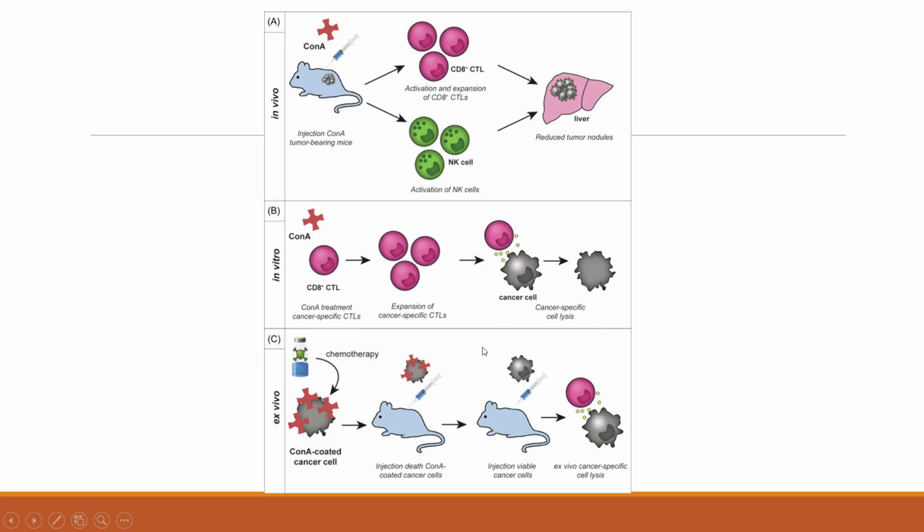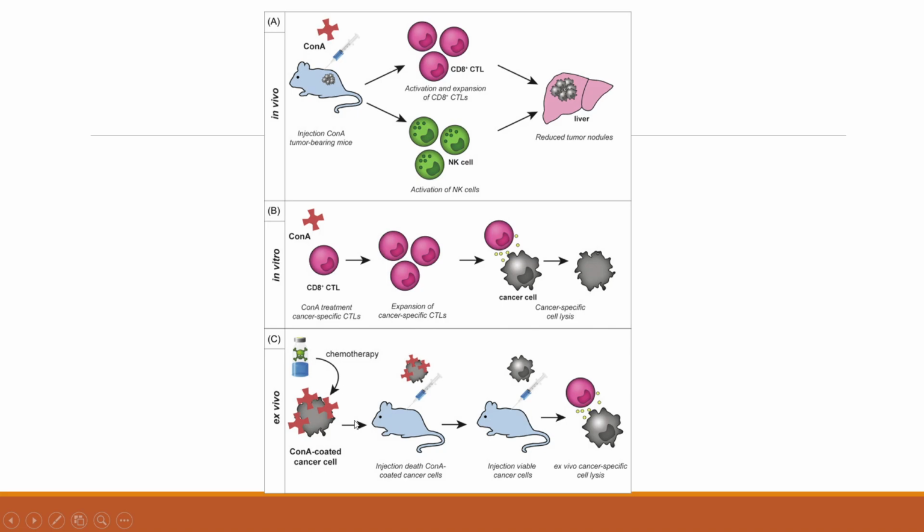What they are trying to do here is, as I told you, a few cells might be more specific to these T lymphocytes that are activated by Con A, and a few might not be. So here also you see they have written reduced tumor nodules. They have not said that the complete tumor is gone or eradicated.